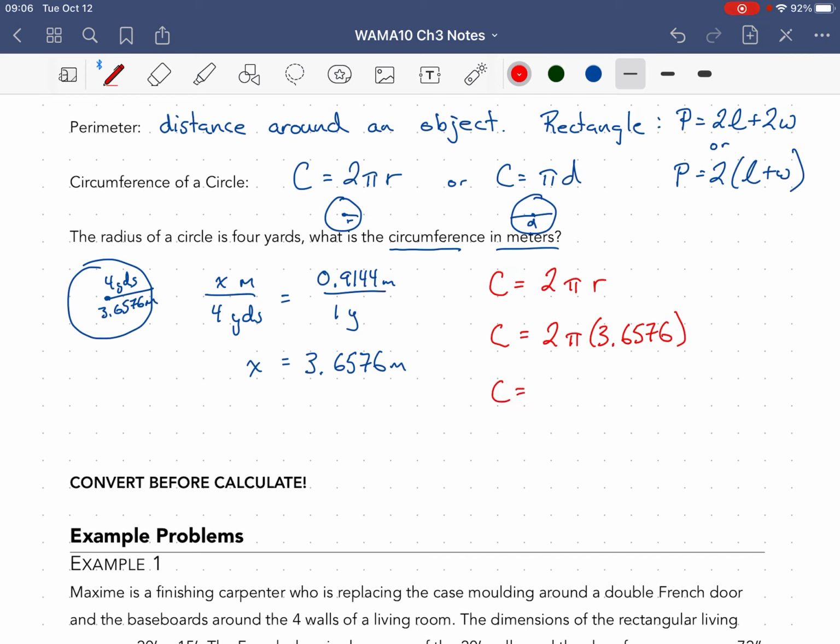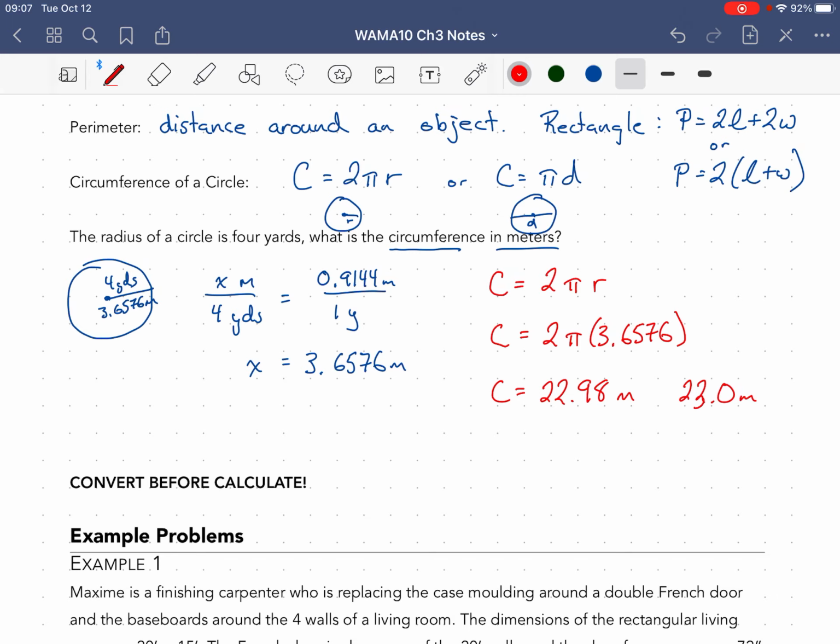All right. And now I can do my calculations. Because my 3.6576 was left in my calculator, I can just times it by pi, then times it by 2, and I get 22.981. So 22.98 meters. Now, I rounded that to 2 decimal places. It didn't say where to round it to. If I were to round it to 1 decimal place, I would have got 23.0 meters.